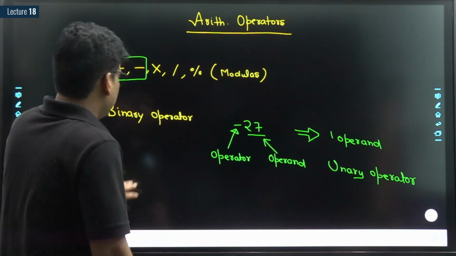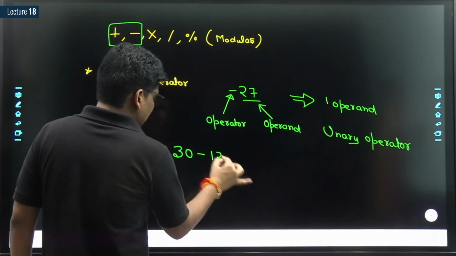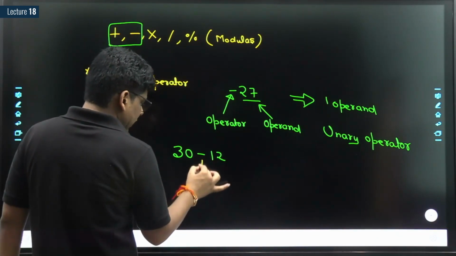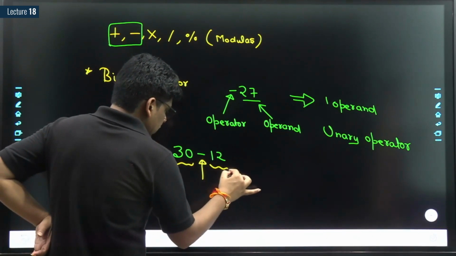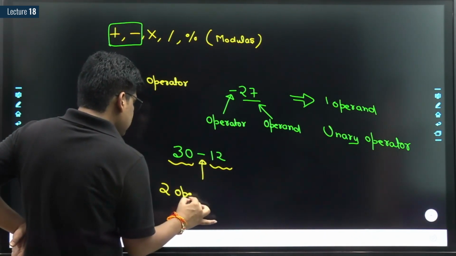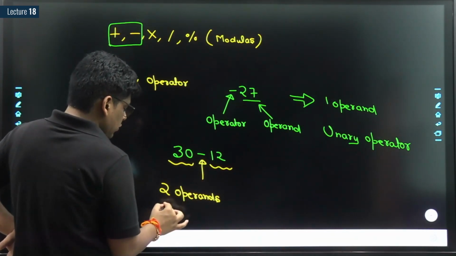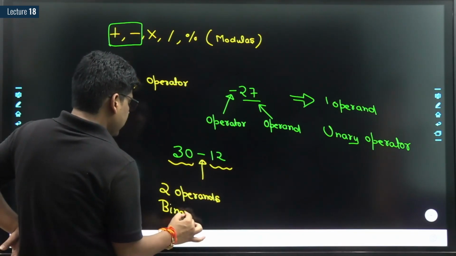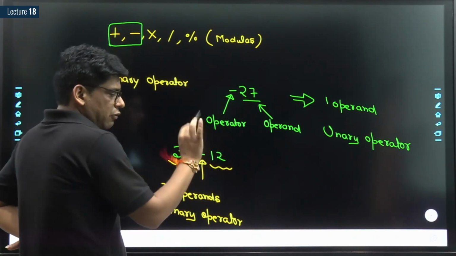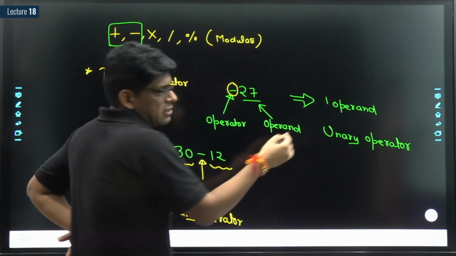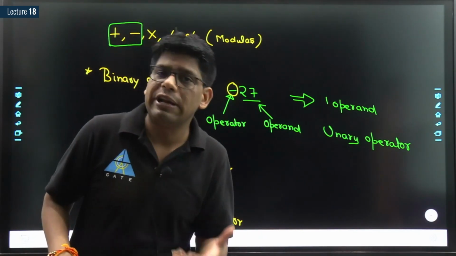But on the other hand, if I use something like 30 minus 12, is it the same operator? Yes, the same operator is there. But here how many operands does it use? Two operands are required. That is why in this case it is working as a binary operator. So let's forget about unary minus and unary plus because they are only used to represent the sign of some value, constant or variable.